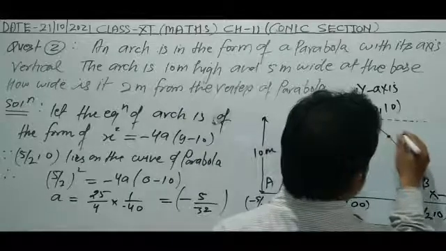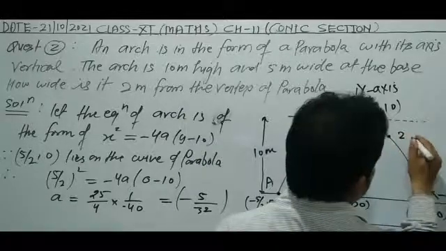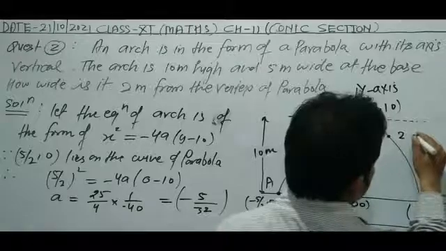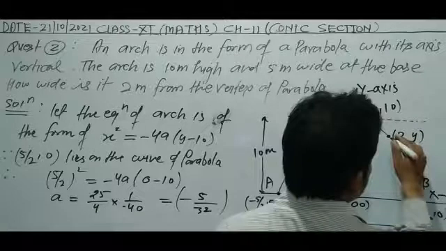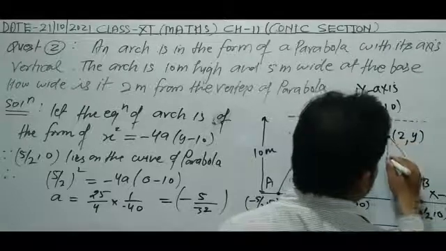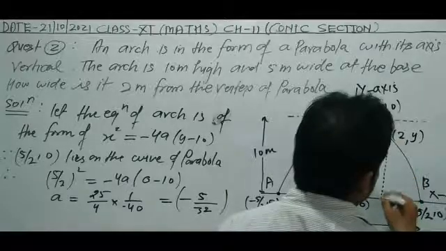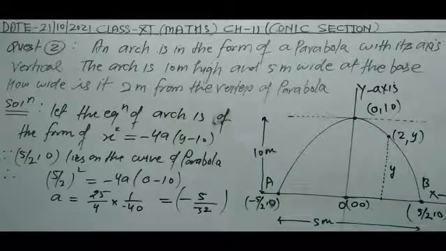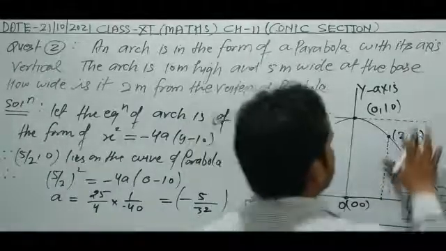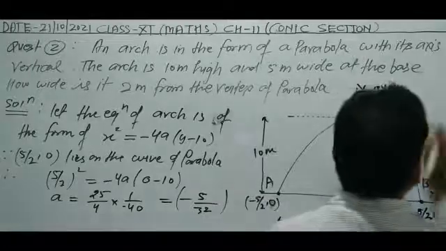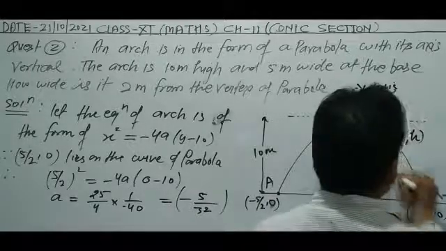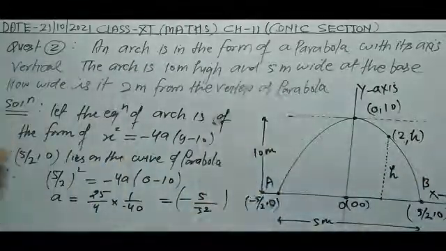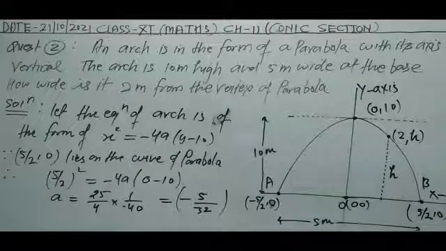Suppose this is the point, this is 2 meters, and from the vertex you can consider 2 comma y. So this height we have to calculate. This is the height, small h. Now this h we have to calculate.